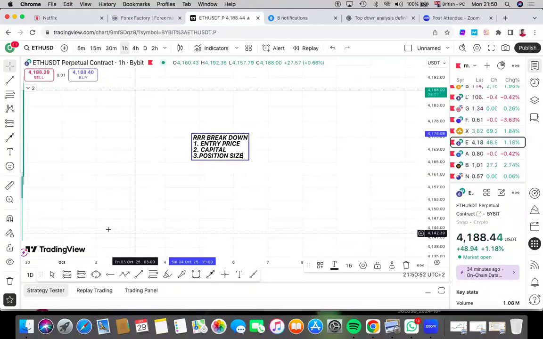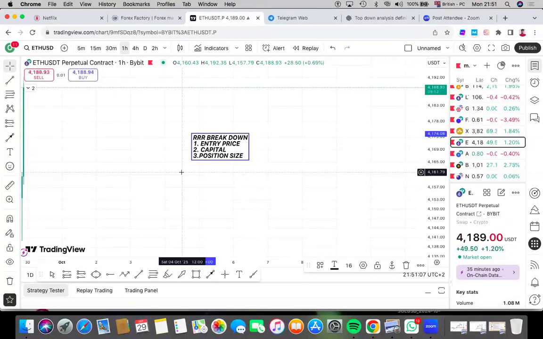If I was planning to buy 3 Ethereum for a long, I'm predicting that Ethereum is going to go upside, so I want to go long on Ethereum. My position size would be 3. If I was planning to sell 5, that would be my position size. So the units, the number of that asset that I'm buying, that would be my position size.